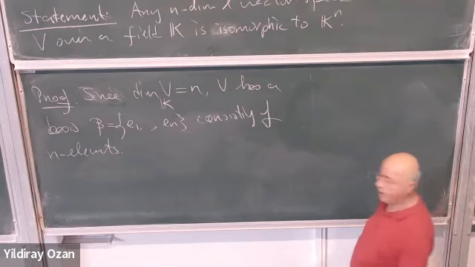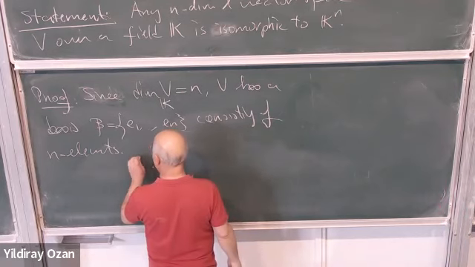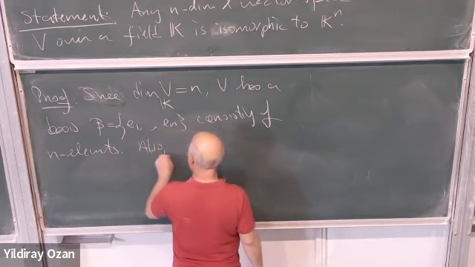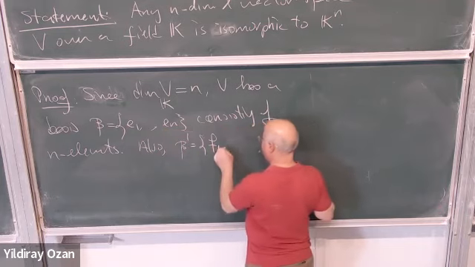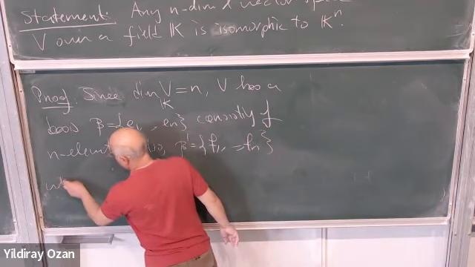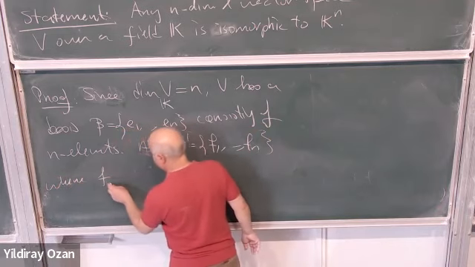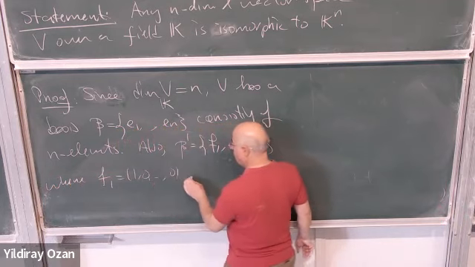K^n also has a basis, beta prime, which is F1 up to Fn, where F1 is this: 1, 0, 0, 0.